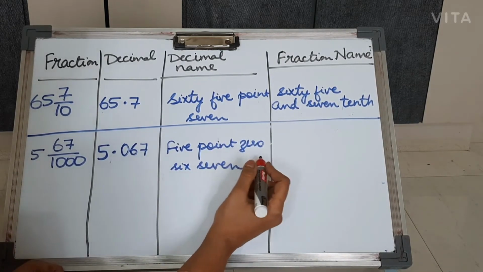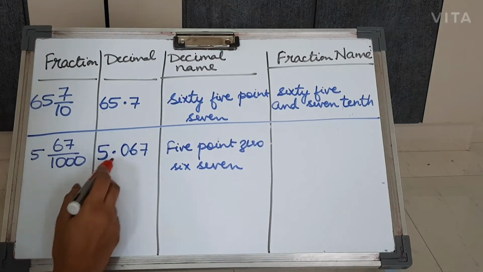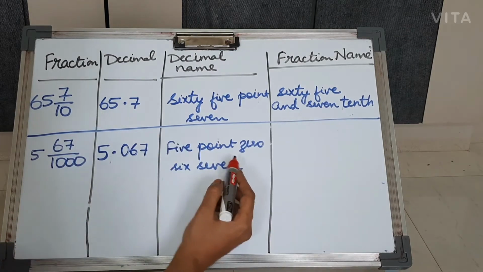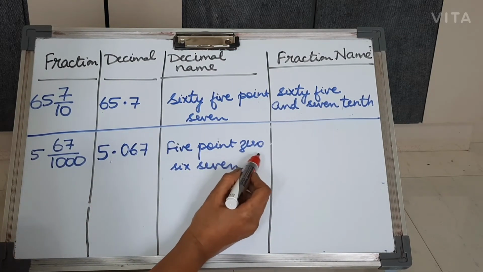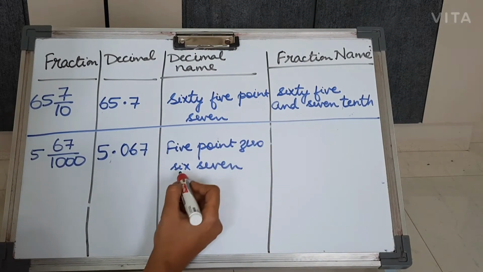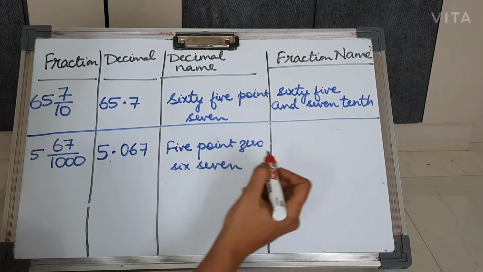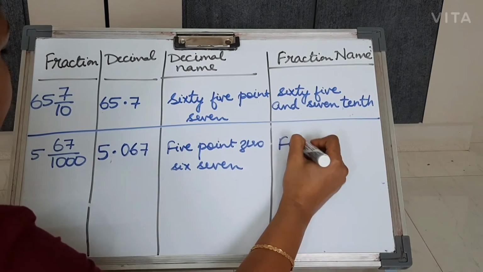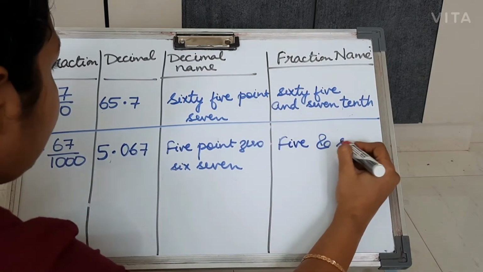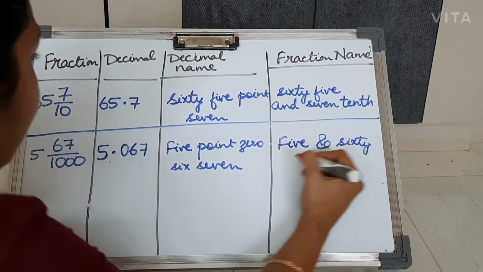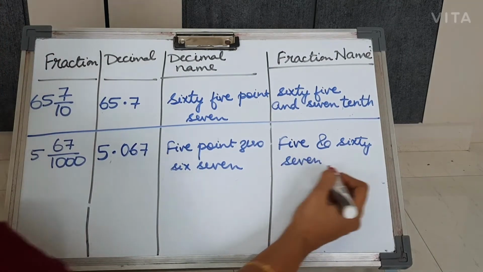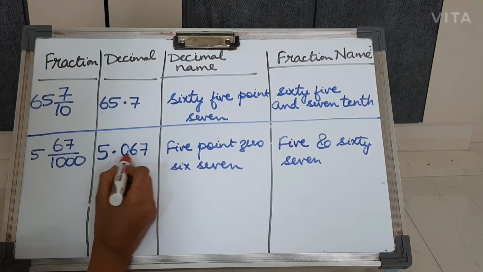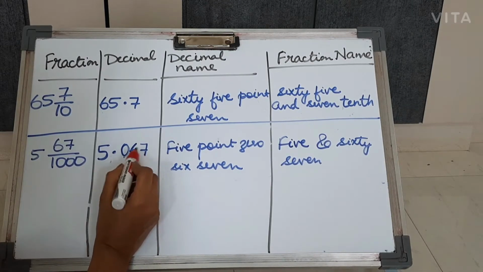Similarly we will write here 5.067. We are not going to read it as 5.67. No, it is 5 point. After the decimal, we have to write the digits as single numbers: 0 6 7. And the fraction name will be what? 5 and 67, and this is which place value? 10th, 100th, 1000th.